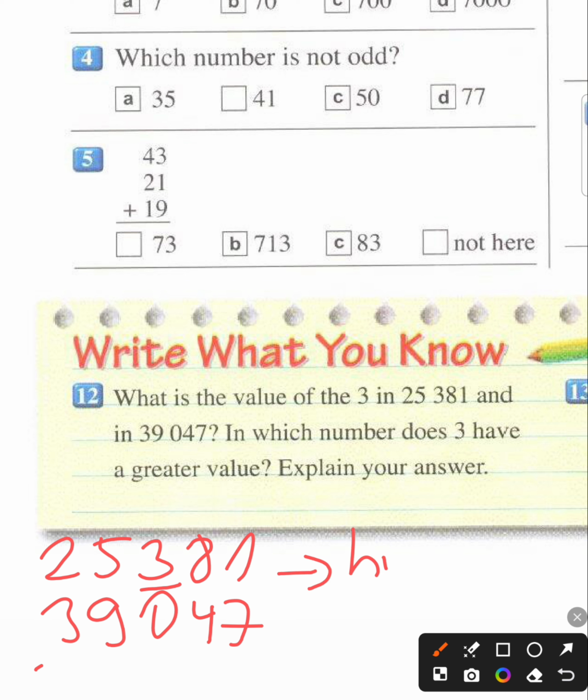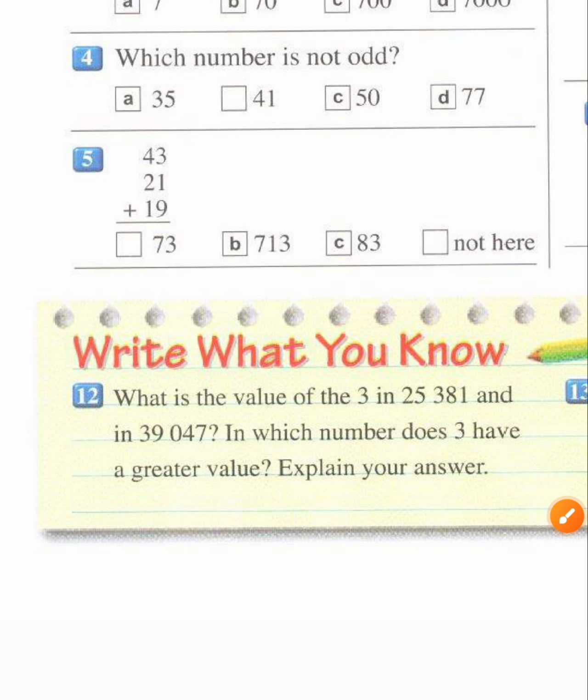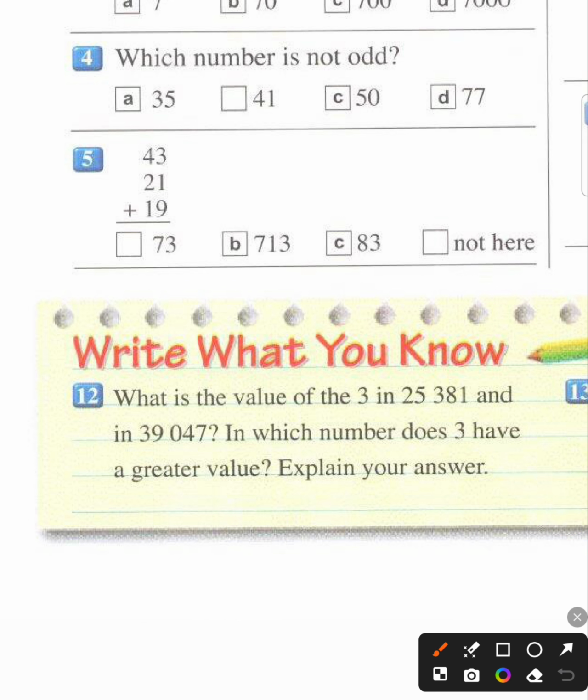Okay, the value here is hundreds, and here ones, tens, hundreds, thousands. The value of 3 is 10,000s. Okay. Explain in which number 3 has greater value. We have hundreds here and 10,000 here. It means in this one is the greater value.